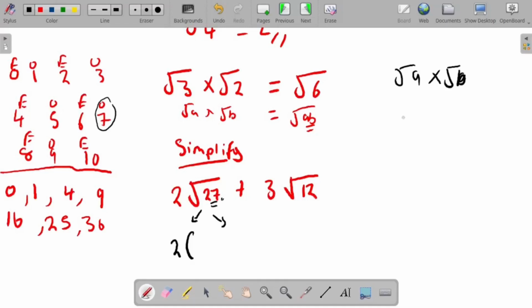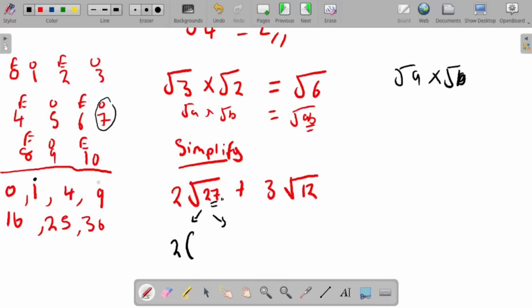Now, how are you going to find that perfect square number so fast? It's by assessing the type of number that is under the root. In this case, the number under the root is an odd number. So if you're looking for a perfect square number, we'll focus on the numbers that are odd. So we'll go here. 1 is an odd number. We know that 1 can go into 27, but it doesn't make sense.